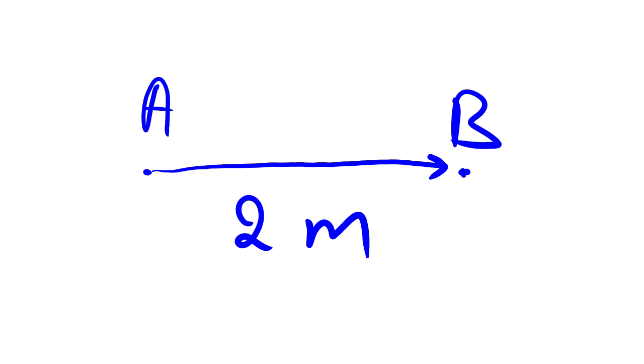But the difference between displacement and distance is that displacement is straight with no bend in the course of the movement of that object from the starting point to the final destination.